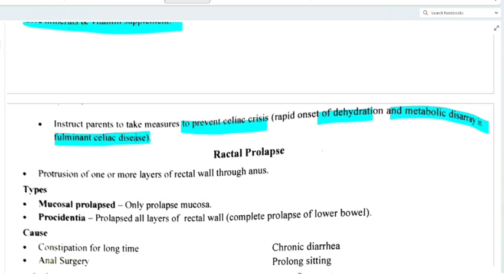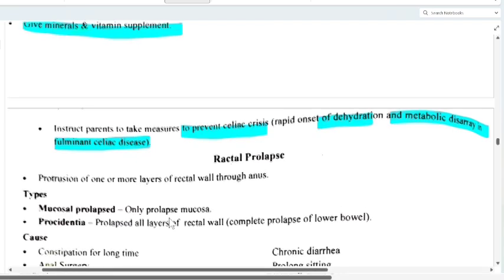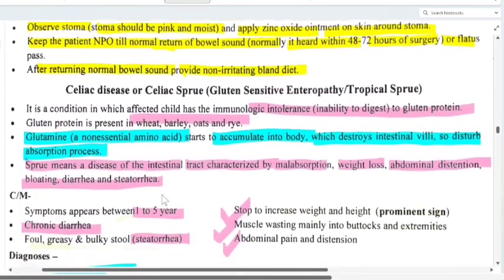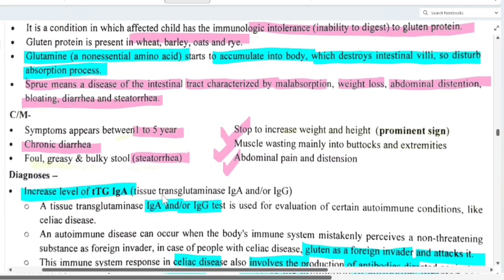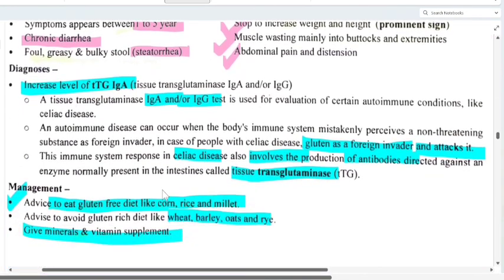That is rapid onset of dehydration and metabolic disarray in fulminant celiac disease. Clear? So here in celiac disease we have discussed what type of disease this is, its clinical manifestations, its diagnosis and its management. Hope you have understood. If any doubt is there, please let me know.